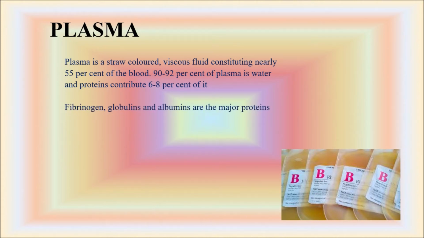Plasma contains fibrinogen, globulins, and albumins as the major proteins. Fibrinogens are needed for clotting or coagulation of blood.